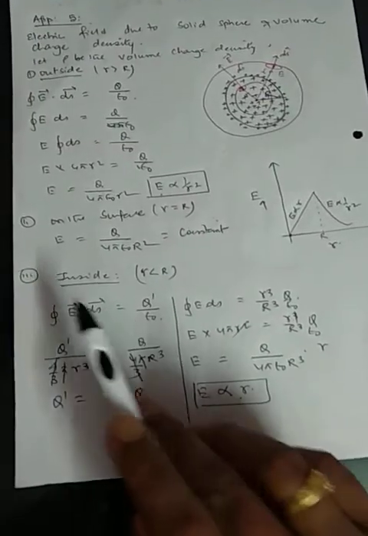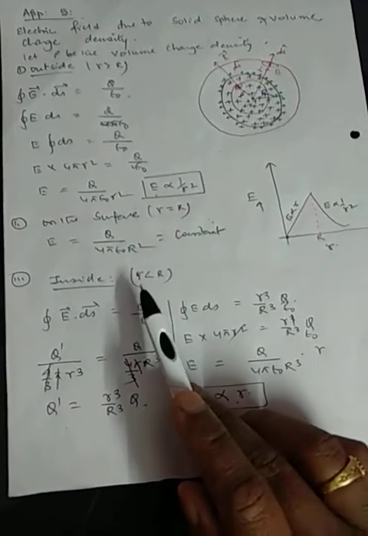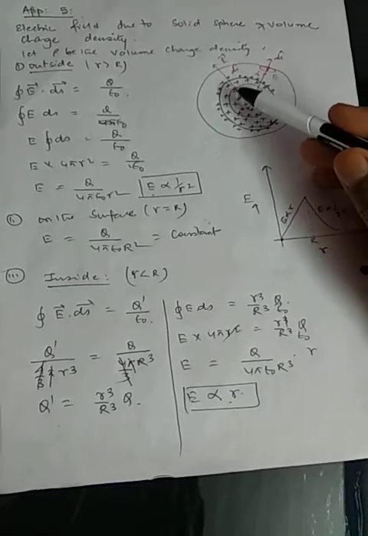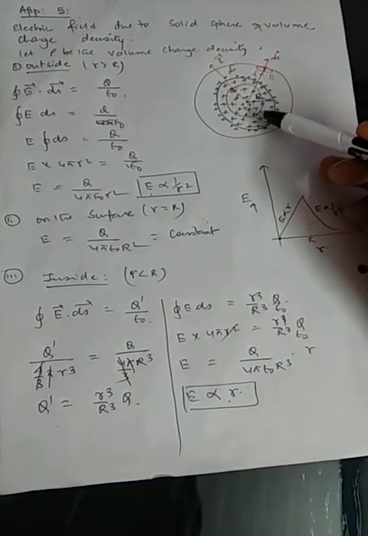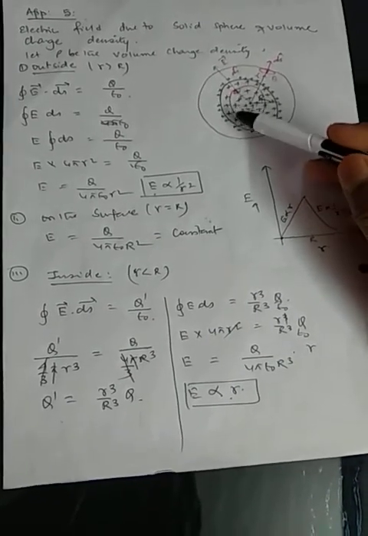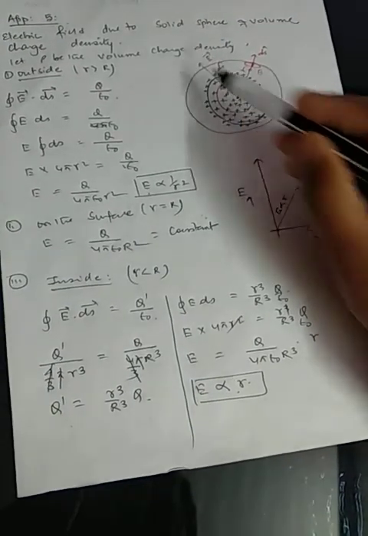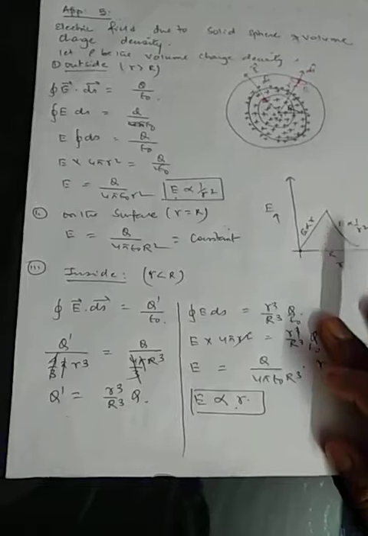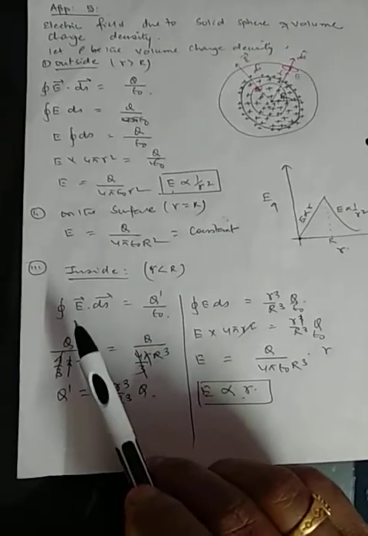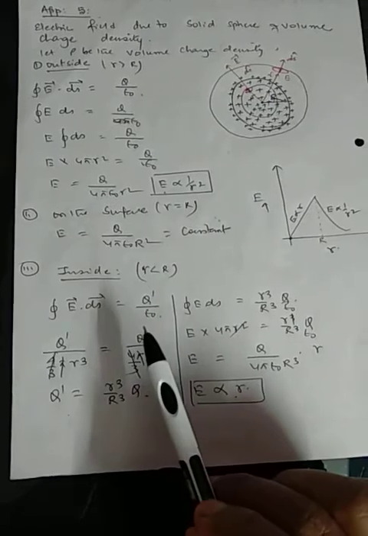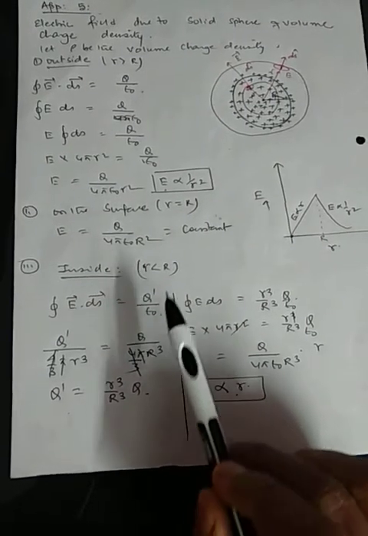Now we are calculating inside the sphere, right? Inside the sphere means r is less than capital R. You can see this is the Gaussian surface. The smaller one is the Gaussian surface. Assuming a very small area here, area is directed this side, electric field is also directed this side. Here while calculating inside, E dot ds is equal to total charge enclosed by the closed surface divided by epsilon naught. What is the value of total charge?